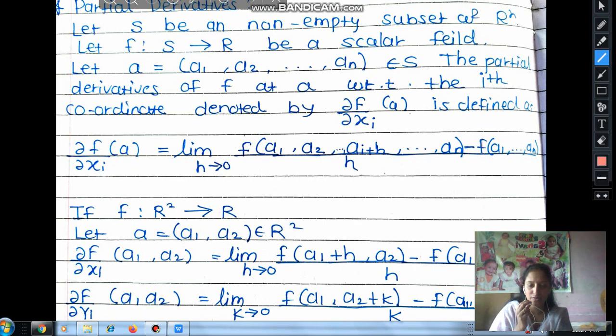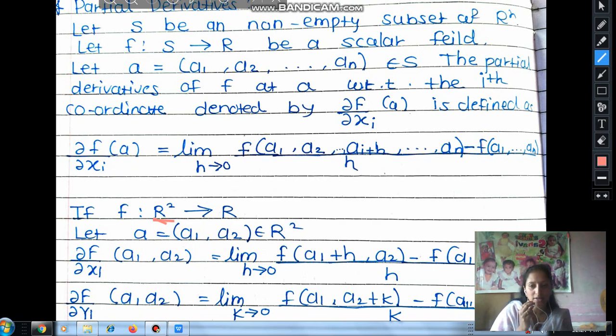For dou f by dou x1, we calculate with respect to x1, that is the x coordinate, so the definition changes. Limit h tends to 0 of f with h added in only the x coordinate, since we calculate dou f by dou x1: f(a1 plus h, a2) minus f(a1, a2), upon h. Here we take only two coordinates since we are in R2.